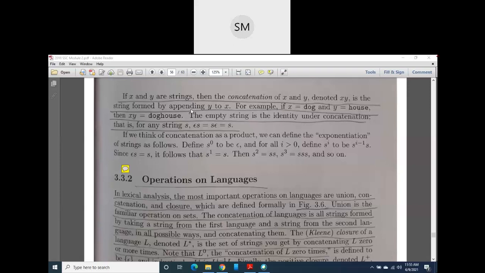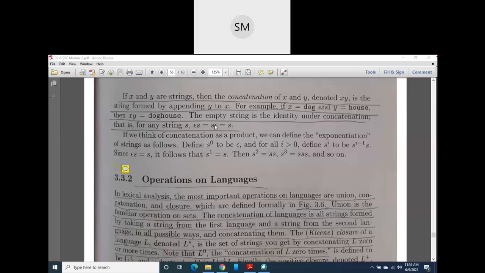Suppose x is the string dog and y is the string house. Then after concatenation, the value of xy will be doghouse without a space. If you had given a space after g or before h, then there would be a space here. Here we have not used any space. x is dog, y is house, then xy is doghouse.